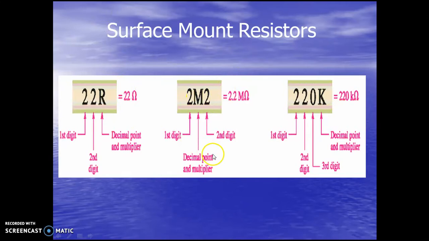So this is 2.2 mega ohms. And again, on the right-hand side, the K indicates kilo ohms, and it's to the right of all the numbers, indicating that's where the decimal place is. So this is 220 kilo ohms on the right. We won't see many of these kind of resistors in our classroom, but it's good for you to understand how they work.